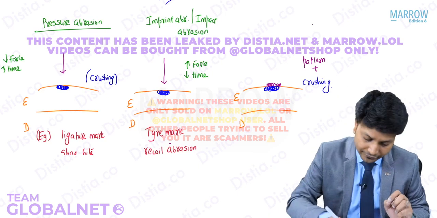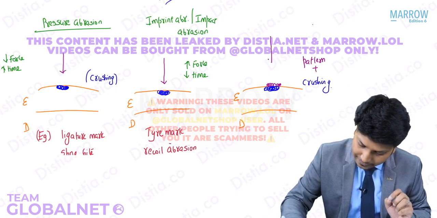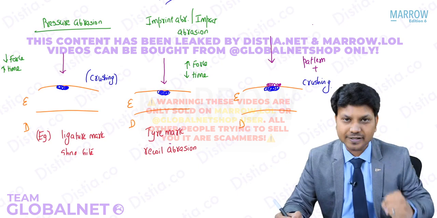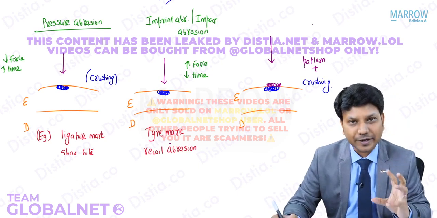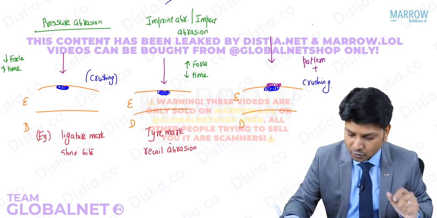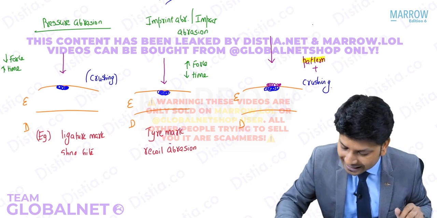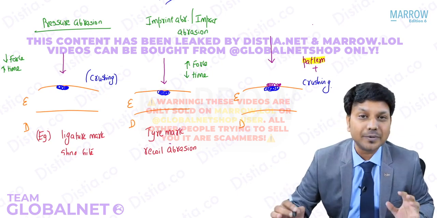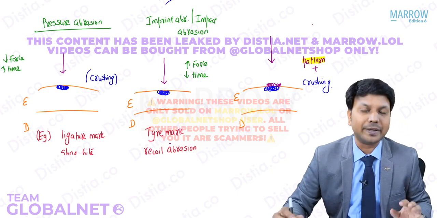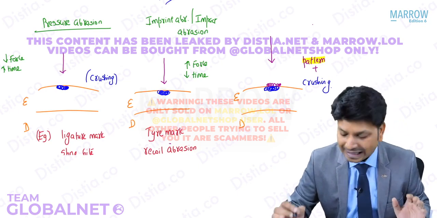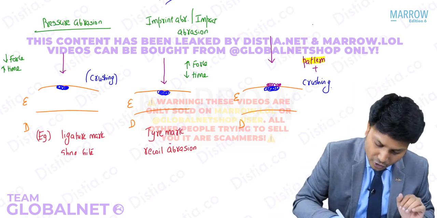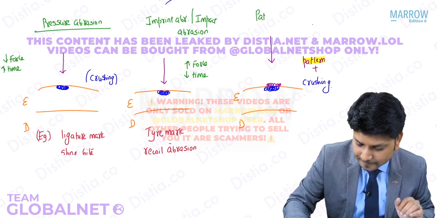Let us say this is the weapon hitting the skin. Because of the pressure you get crushing, and in addition you are able to observe the pattern of the striking surface. In that case, this is called patterned abrasion.